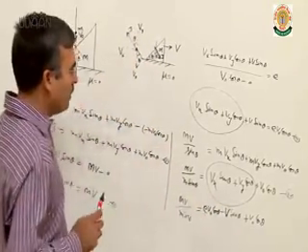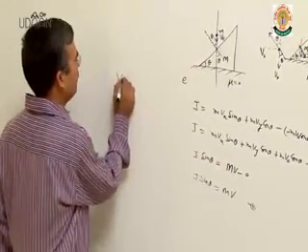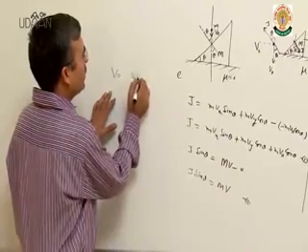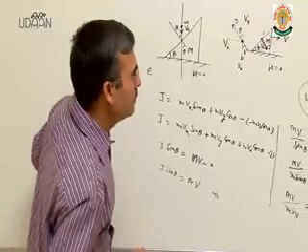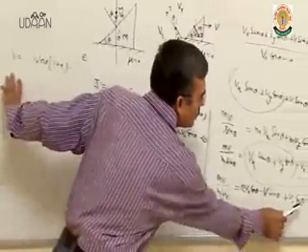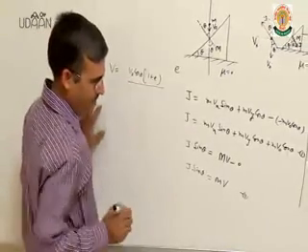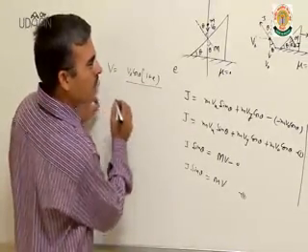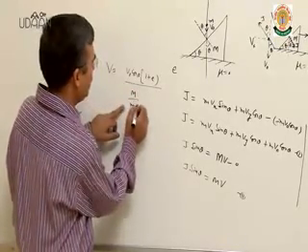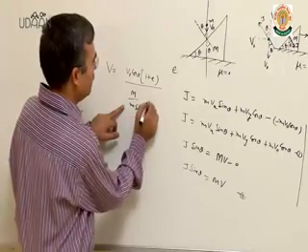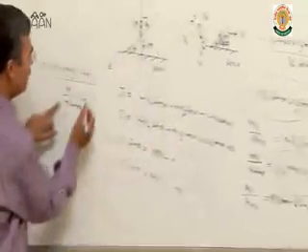So capital V will be equal to, from that relation, v naught cos theta common, 1 plus e from these two relations, divided by capital M over small m sin theta plus sin theta here.